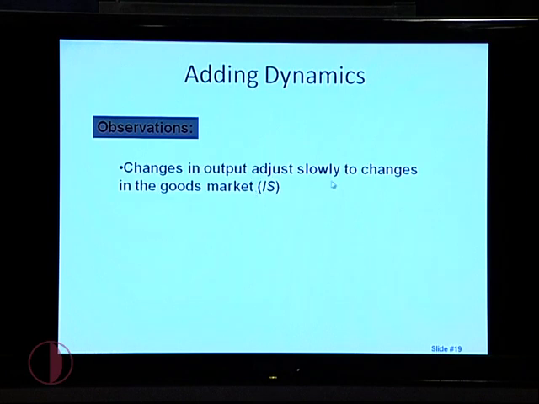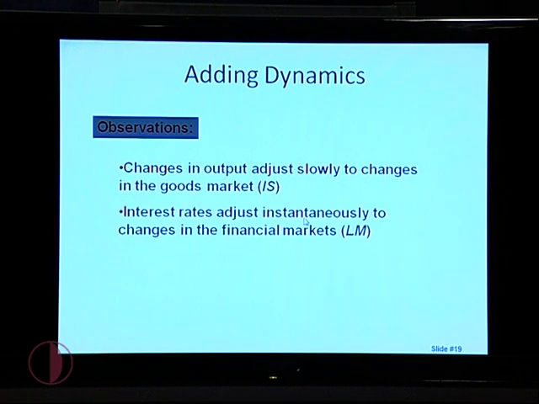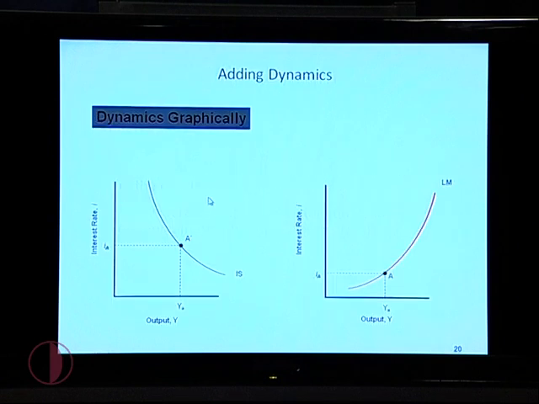Adding dynamics, an observation. Changes in output adjust slowly to changes in the goods market, IS. Interest rates adjust instantaneously to changes in the financial market. Dynamics graphically: interest rate, LM curve, this is the IS curve, A prime, adjusting to a tax increase.